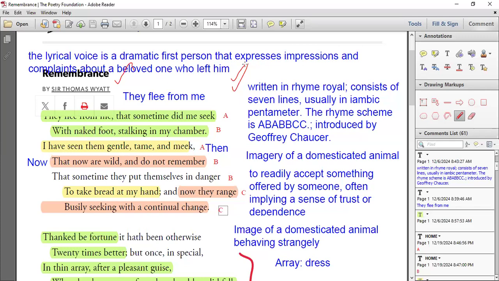He wrote a poetry book called The Kingis Quair, wherein he imitated the same stanza format introduced by Geoffrey Chaucer. Since a person from the royal blood used it, it is called rhyme royal.